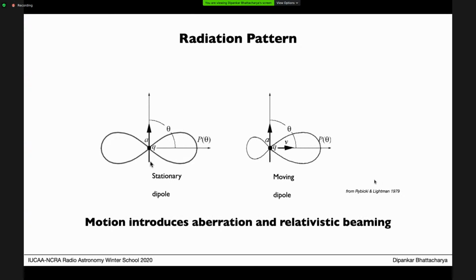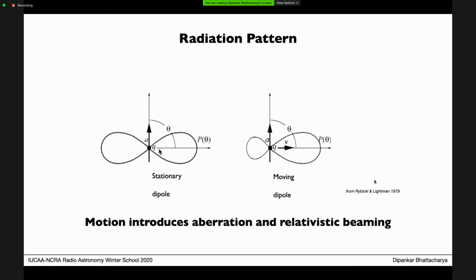It's called a dipole, and this dipole has this kind of radiation pattern. This is when the average motion of the charge is stationary with respect to the observer. So the charge moves up and down, the acceleration is upwards or downwards, but the charge itself is stationary with respect to the observer. Then the radiation pattern will be like this.